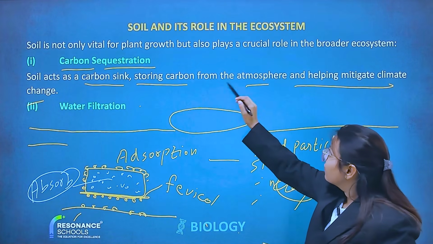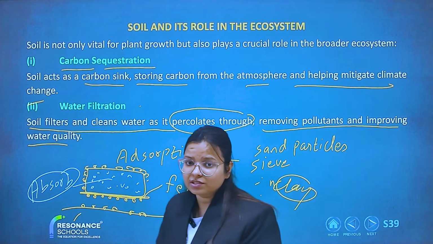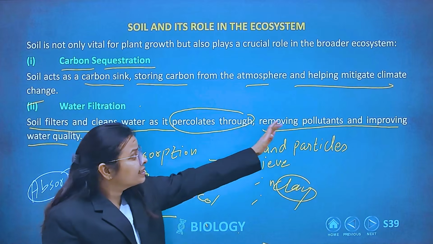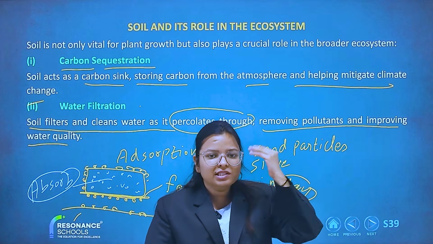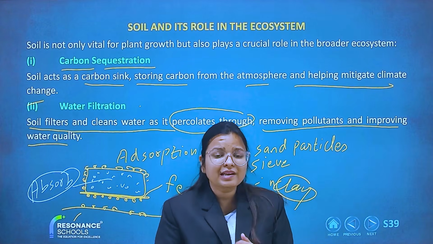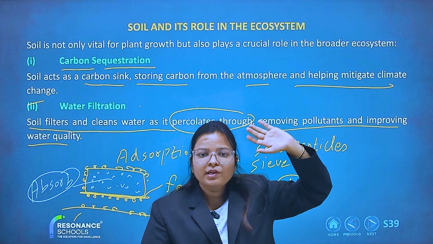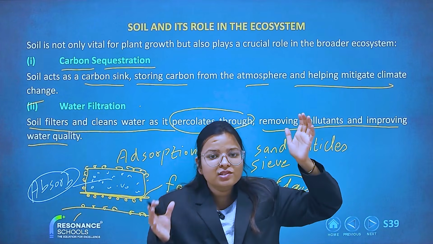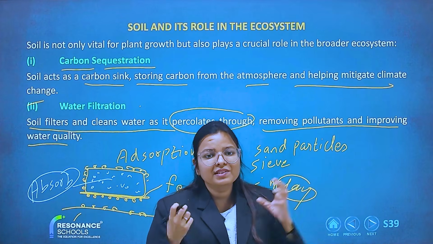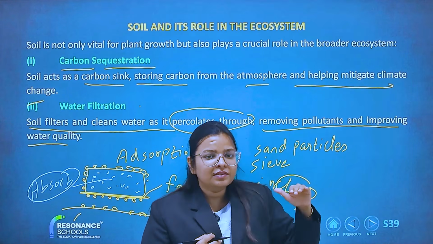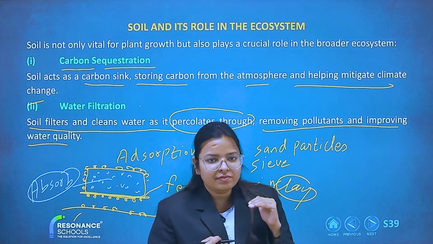It is storing carbon from the atmosphere and helping mitigate climate change. Mitigate climate change means it is helpful against climate change, whatever climate change is happening out there. What climate change? CO2 level is rising. We don't want that. So what is soil doing here? Soil is keeping that carbon with it, so it is helping in lessening the carbon level.